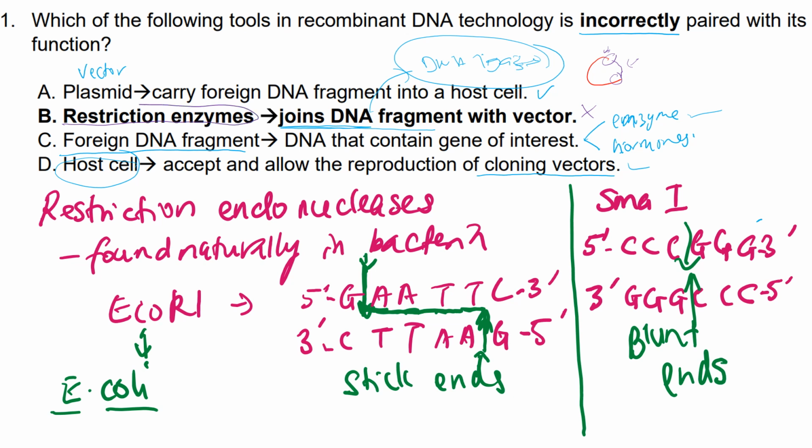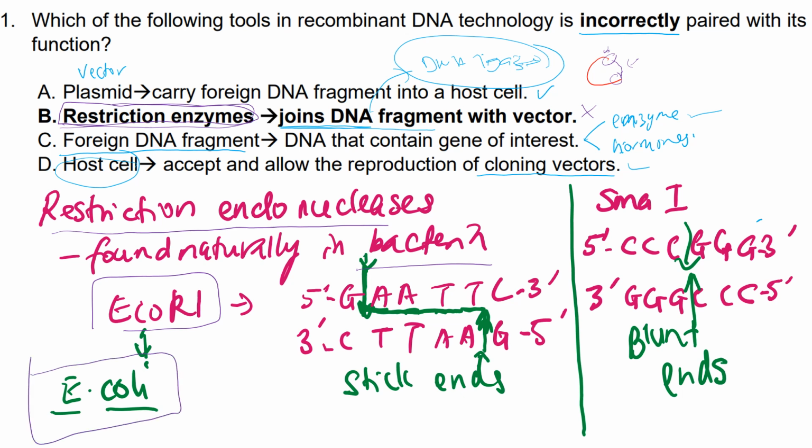And as for restriction enzyme, it is also known as restriction endonuclease. These are enzymes that are naturally found in bacteria. A common example is EcoRI, the restriction enzyme found in the bacterium E. coli. All restriction endonucleases will cut the DNA, either the DNA of the foreign organism that you are interested in, or the plasmid.